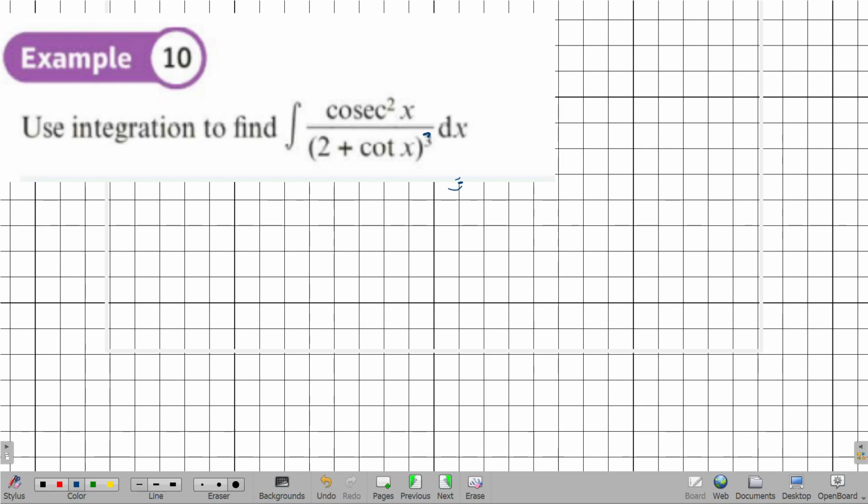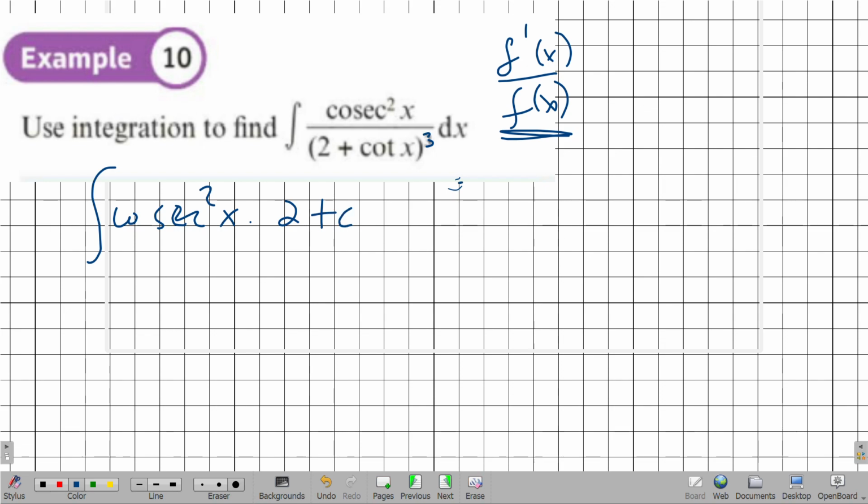For the quotient rule to work, it should be strictly f of x, not f of x to the power of n. So we rather change this and say this is cosec squared x times 2 plus cot x to the power of, actually, no longer 3, but minus 3.